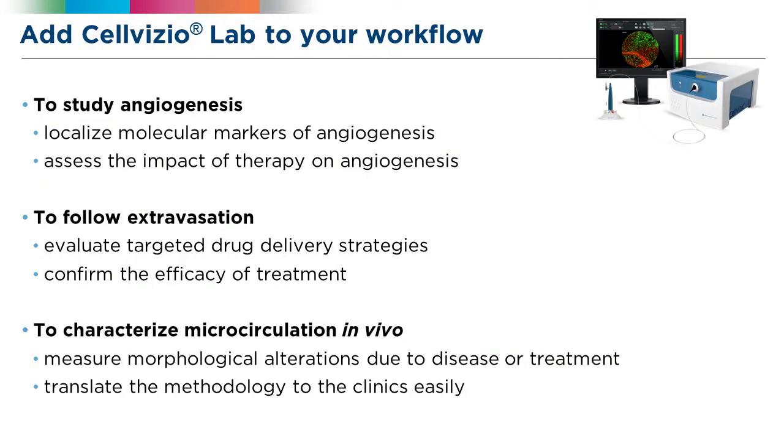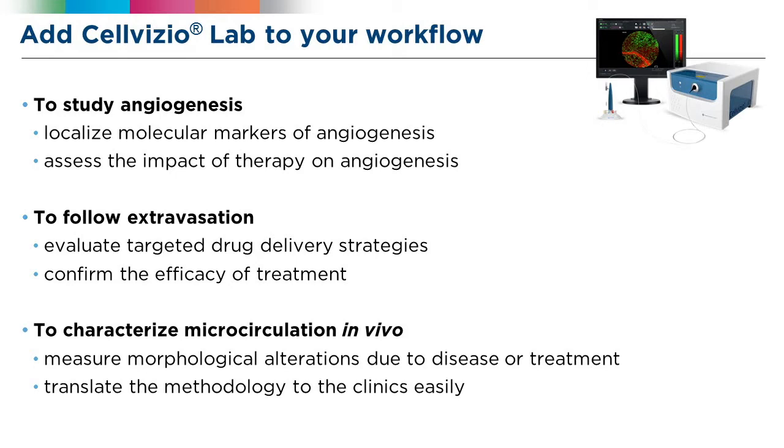So just to conclude about this presentation, I want you to remember the benefits of Cellvizio to look at vasculature in vivo. So first, you can use Cellvizio to study angiogenesis, to localize molecular markers of angiogenesis, or assess the impact of therapy on angiogenesis.